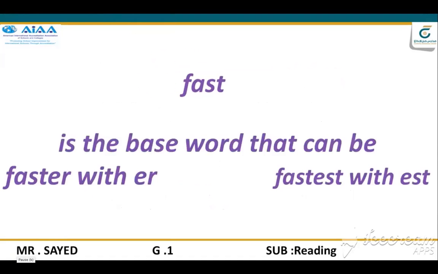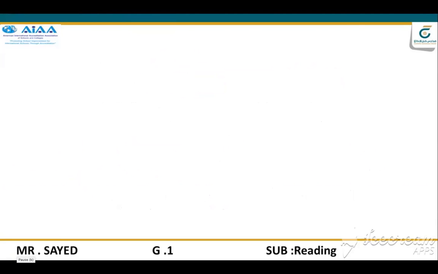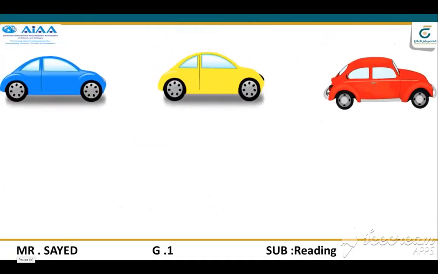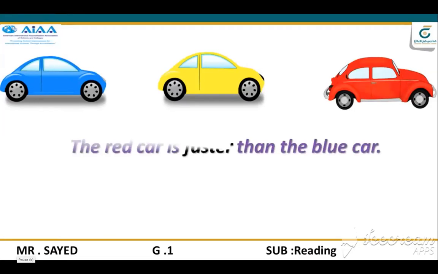So we have the word fast, and it's the base word that can be faster if we add ER or fastest if we add EST. And now look at our three cars. We have the blue car, the yellow car, and the red car. And think about what we know about them.